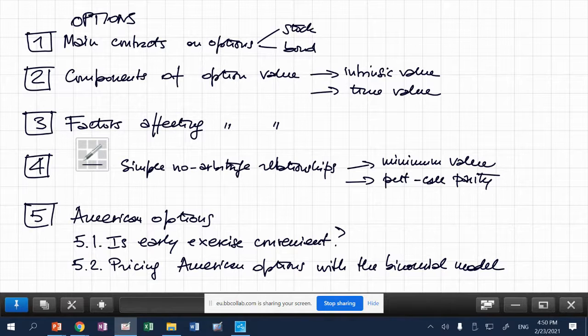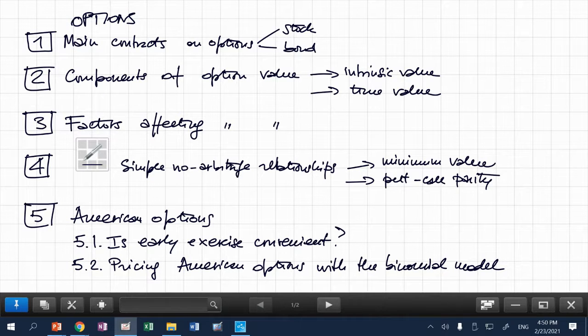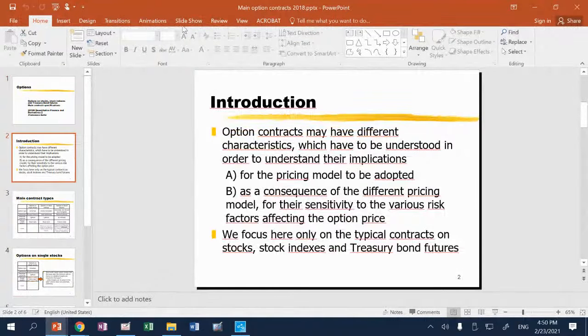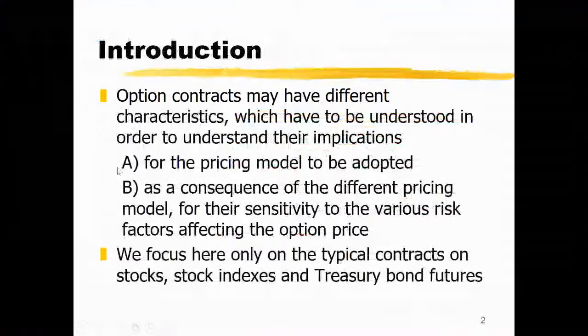So we are going to enter today in the realm of options, and the first step, as I anticipated, is to discuss a bit how the different contracts work if we concentrate mainly on stocks and bonds. Here I'm going to present quickly how the different contracts work on the equity and bond side.